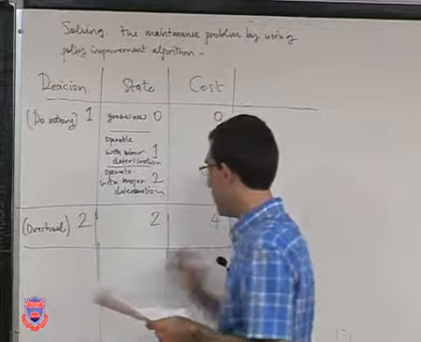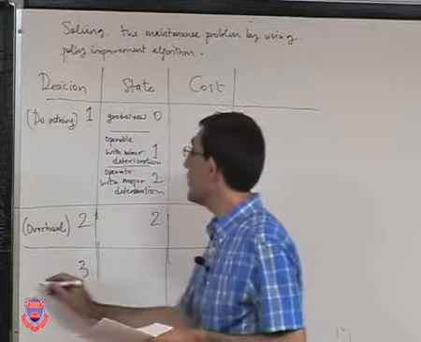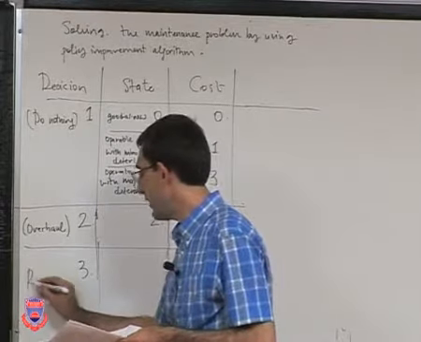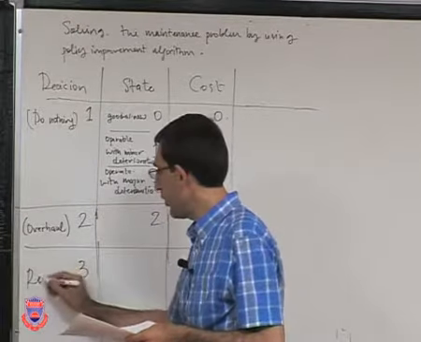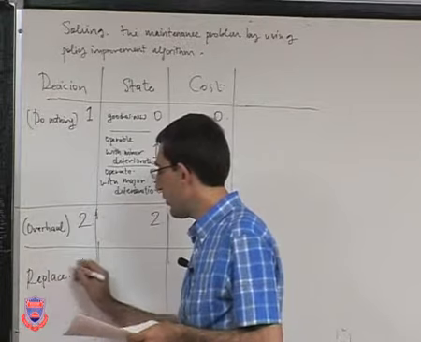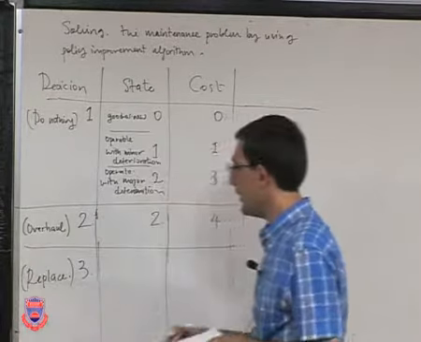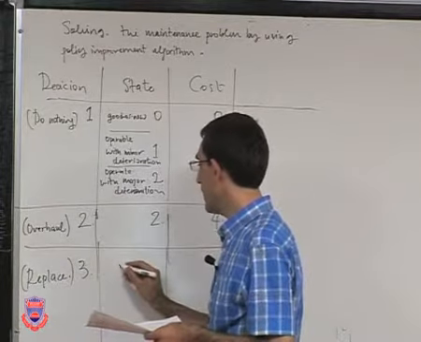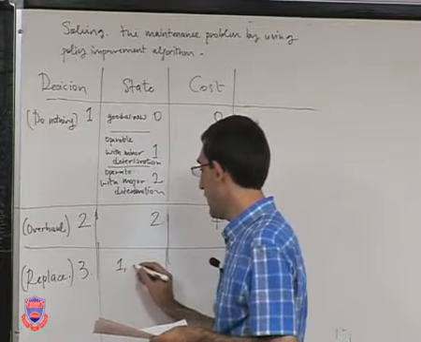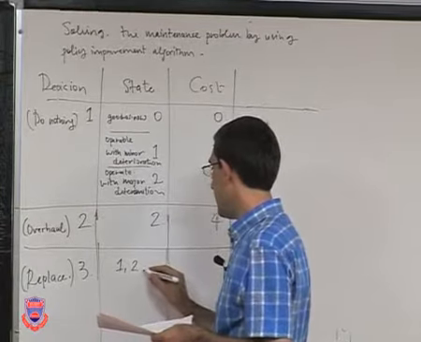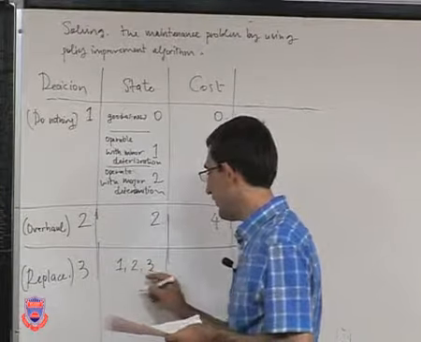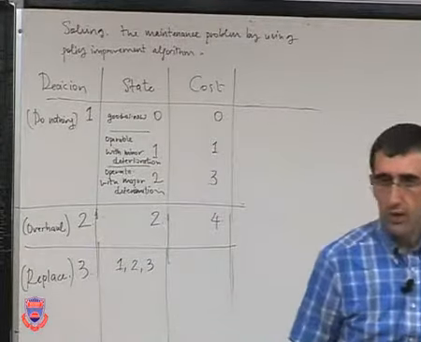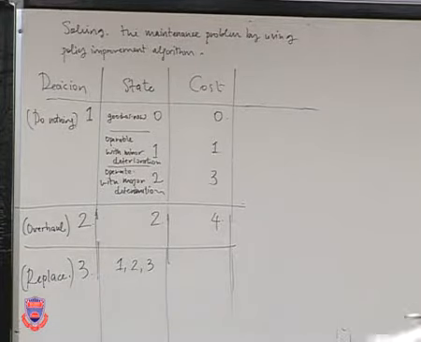And there is also decision 3 that you can choose, which corresponds to replacing the machine itself, and you can take this action only in state 1, 2, or 3, not in state 0, because in state 0 the machine is good as new.